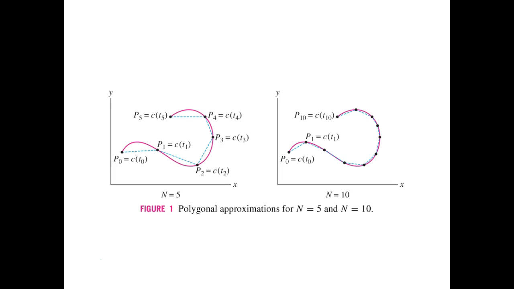Then from P1 to P2, again, the polygon undershoots the length of the actual curve. And again, P3 to P4 is closer, but still is less than the actual arc length, and then P5 again undershoots. So that is an approximation, maybe not a great approximation, but we can calculate that.